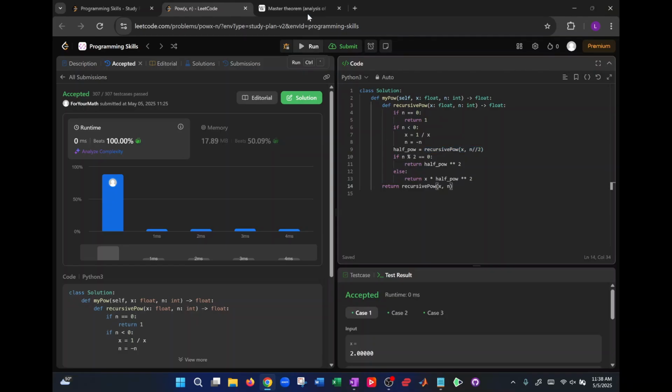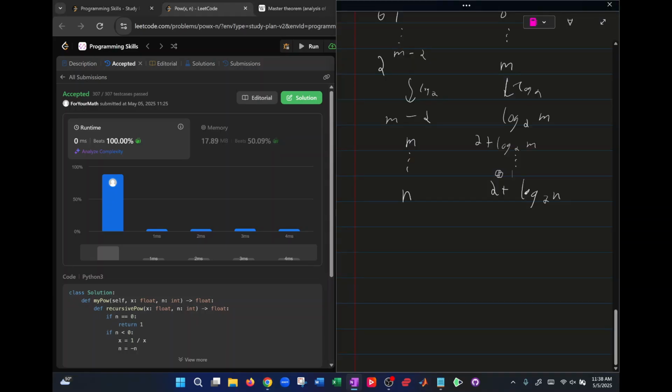But yeah, so basically, you can use the master theorem to show this, and the important thing here is that this is faster than the previous algorithm that we were doing.